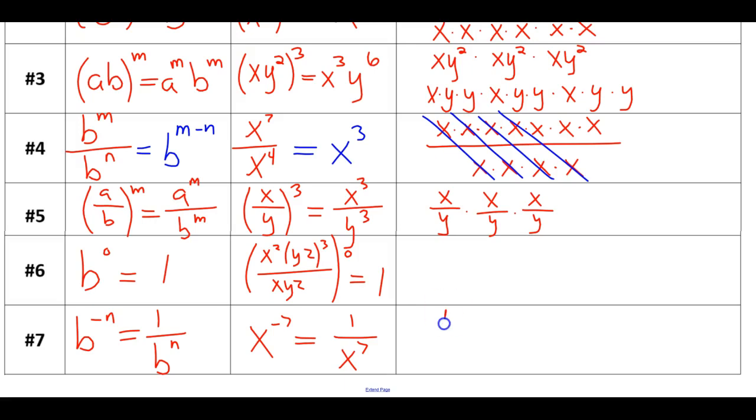So let's say if we have 1 over x to the negative 4th. What do you think is going to happen if it starts on the bottom with a negative exponent? It's going to come up to the top, exactly. So that would actually just be x to the 4th over 1. You don't need to write over 1, obviously. So if it's on the bottom of the fraction, it's just going to come to the top of the fraction and become positive.